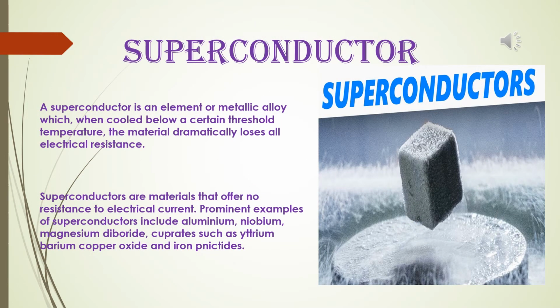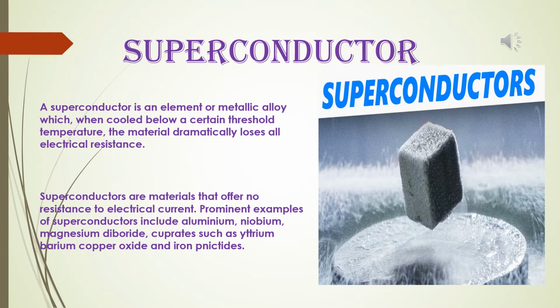Now, the conductors are divided into basically two parts also. These are superconductor and semiconductor. So what is a superconductor? A superconductor is an element or metallic alloy which, when cooled below a certain threshold temperature, that means a particular temperature, the material dramatically loses all electrical resistance.